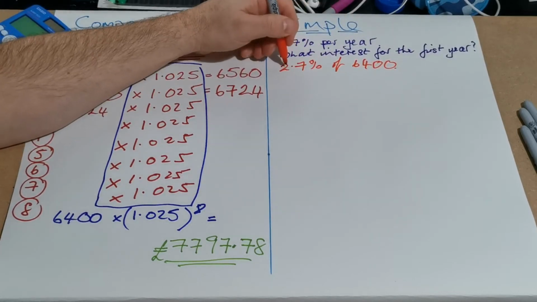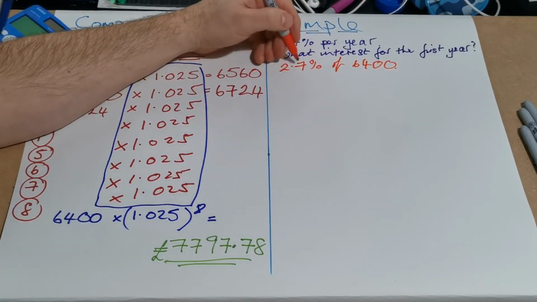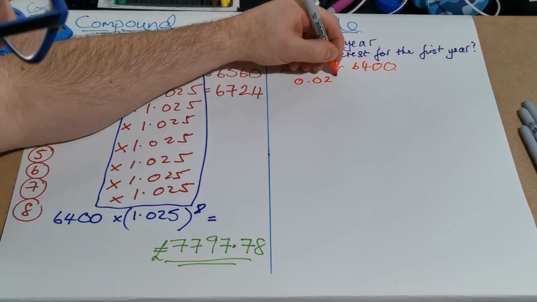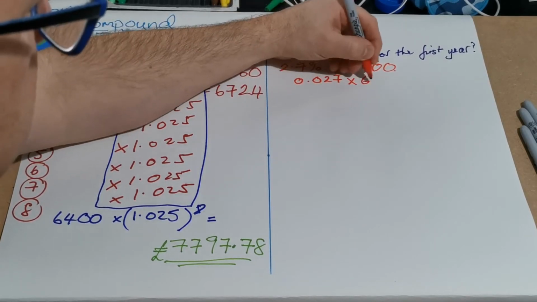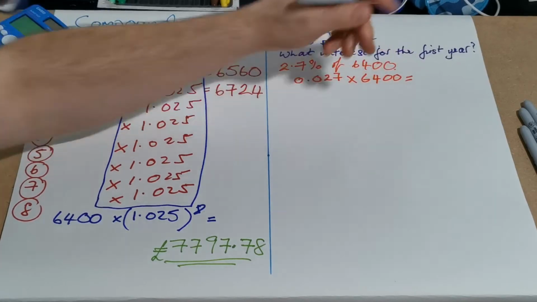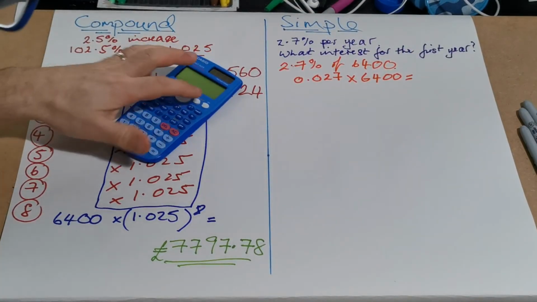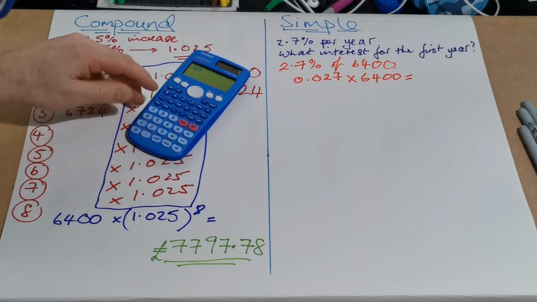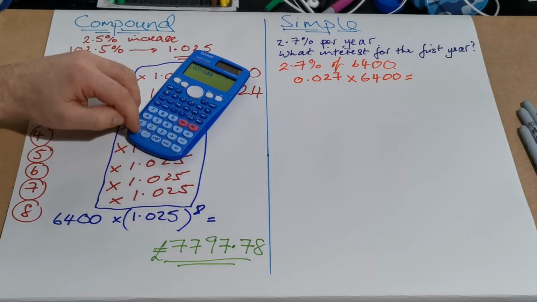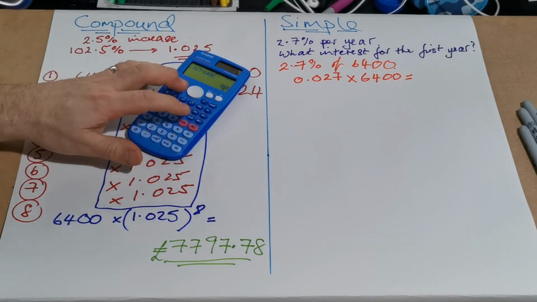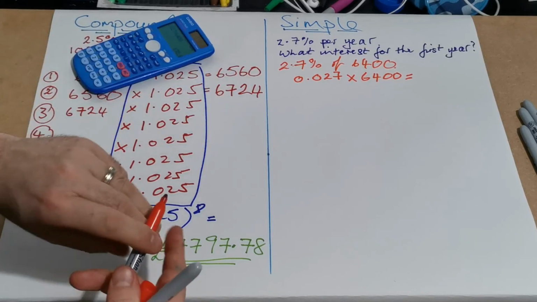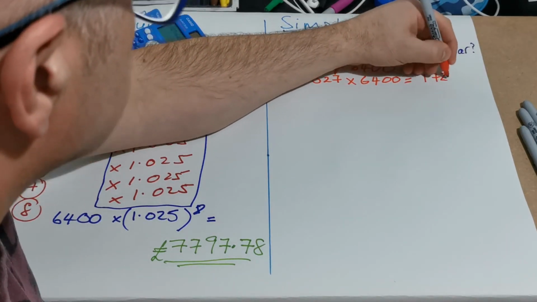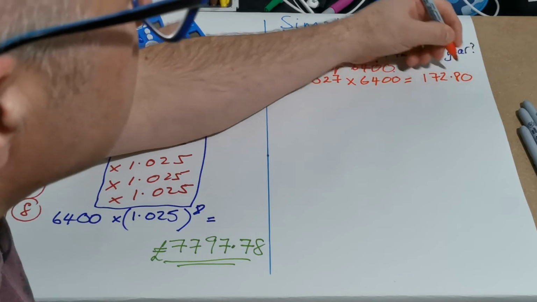And remember, 2.7% means 2.7 divided by 100, which is 0.027, of means times 6,400. So I've got 0.027 times 6,400, which gives me £172.80.